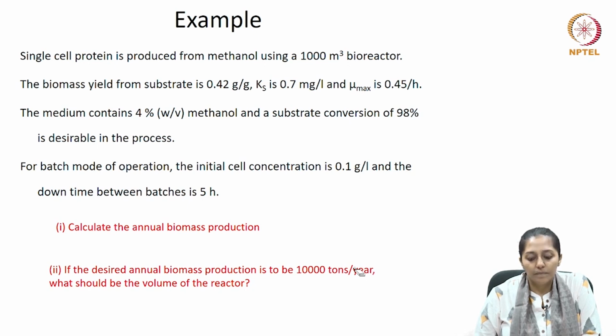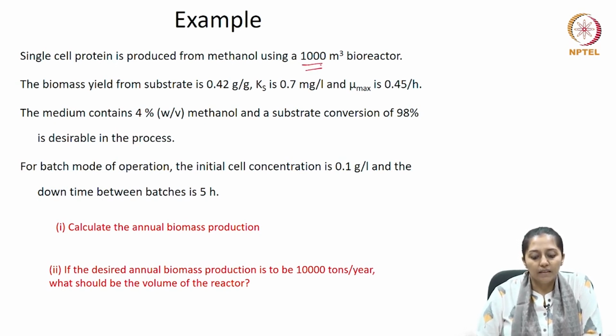Single cell protein is produced from methanol using a 1000 meter cube bioreactor. So here methanol, I hope you can understand, will be the substrate, and the volume of the bioreactor is also given to us, which is 1000 meter cube.